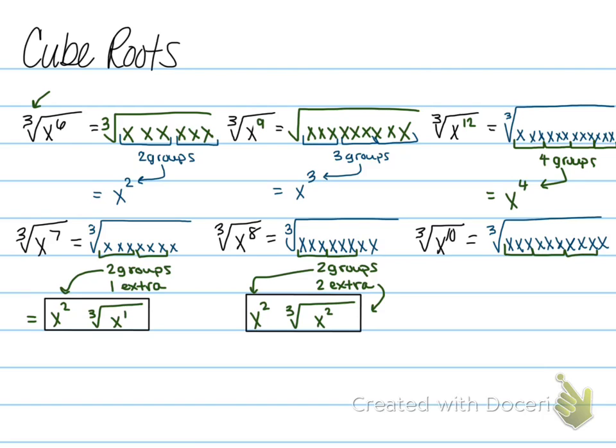You should have noticed with 10 x's, you had 3 groups and 1 extra. So you should have written down for an answer x to the third and then the cube root of x to the 1. If you don't want to write the exponent of 1, you do not have to. That is an optional exponent. I like to write them just so that I remember that it is only 1 there, as opposed to having 2 extras. But that is your decision.